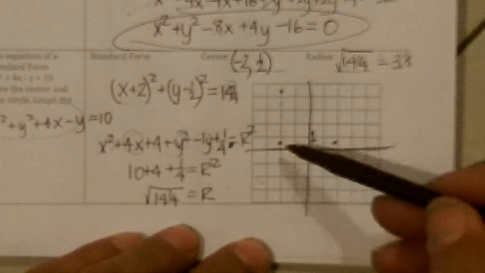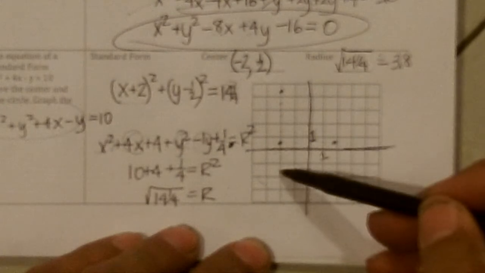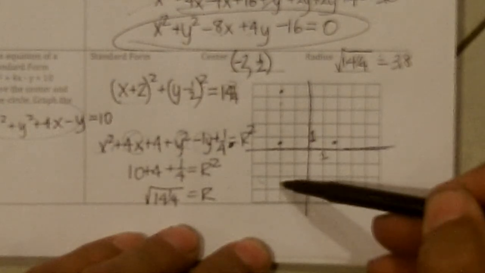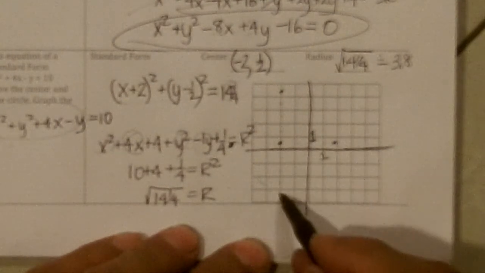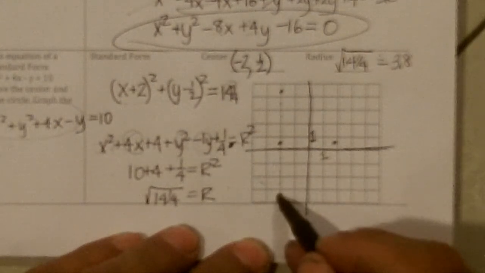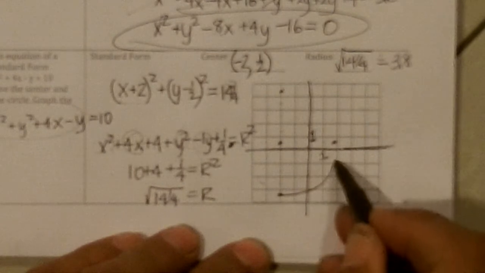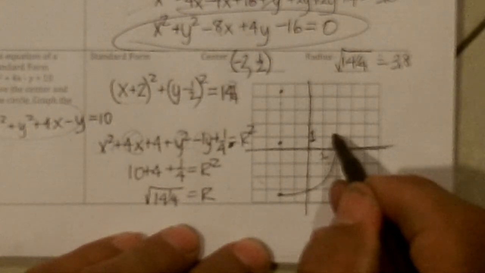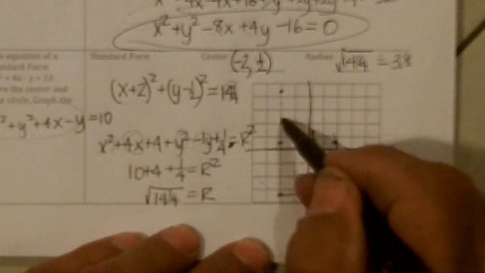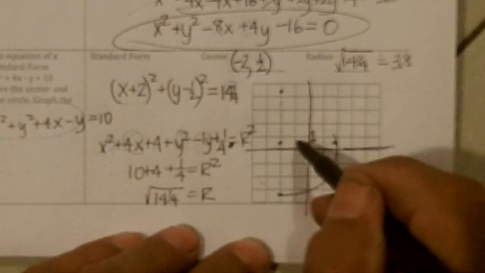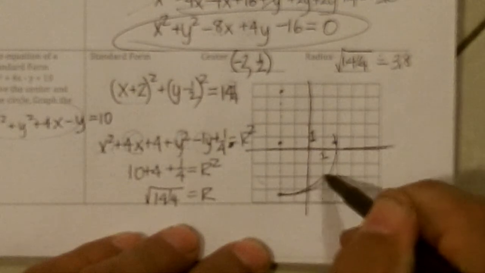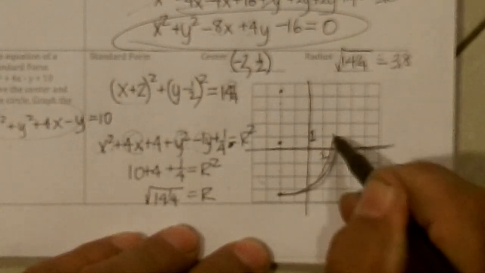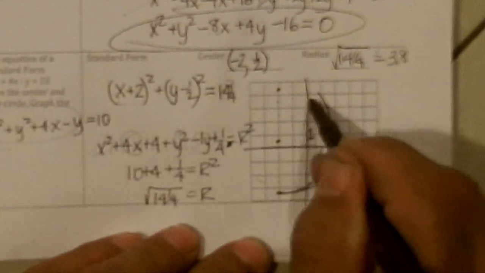If I go down 1, 2, 3.8, I get the bottom point. Then I want to draw a circle that hits those points. Not making a great circle here.